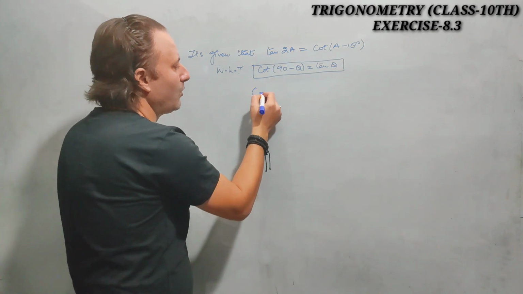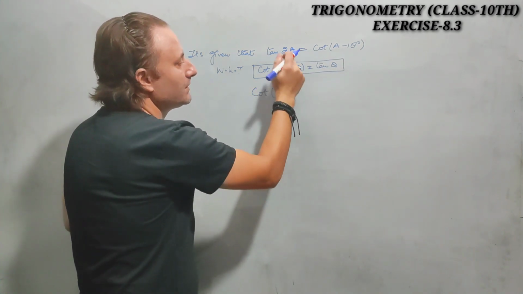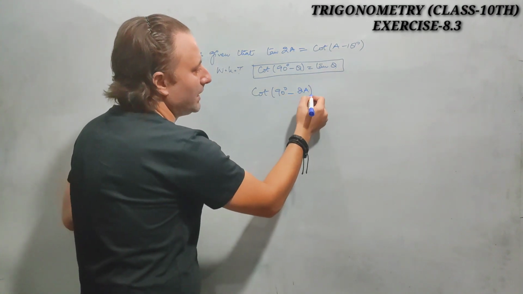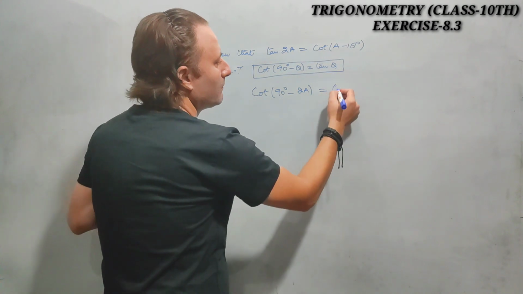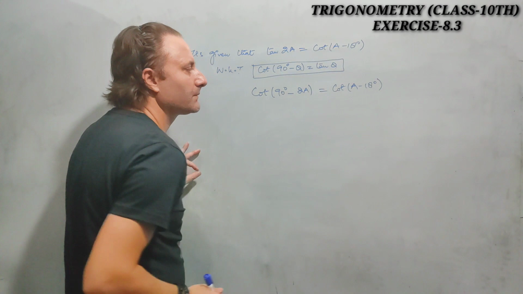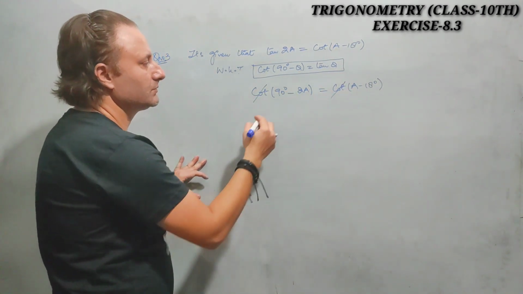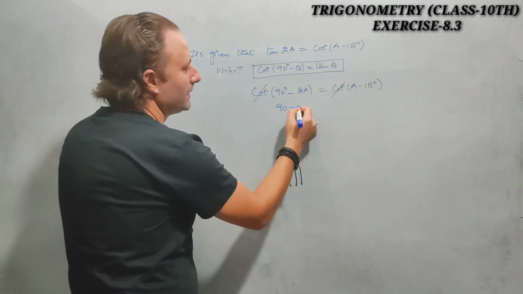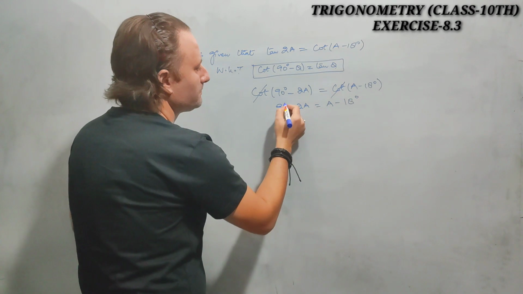I will write cot 90 minus 2A, so let me put that here. Any problems? Nothing. Now we have cot A minus 18 degrees here. Okay, so now this cot and cot gone. What do we have? We have 90 minus 2A equals A minus 18.